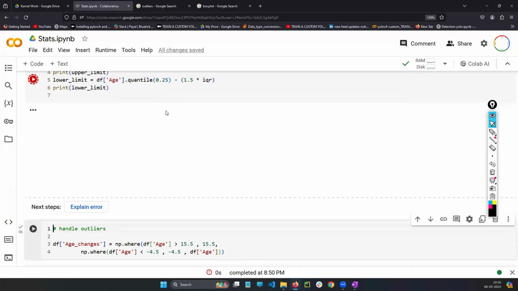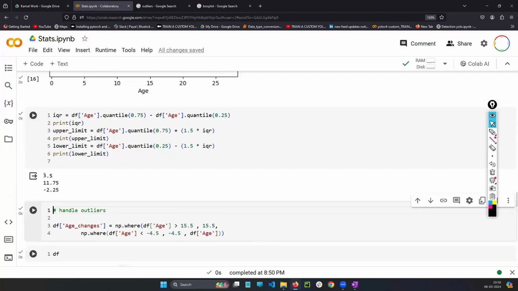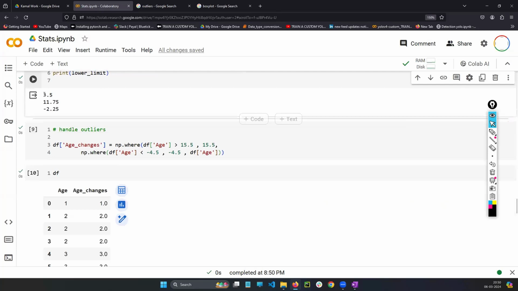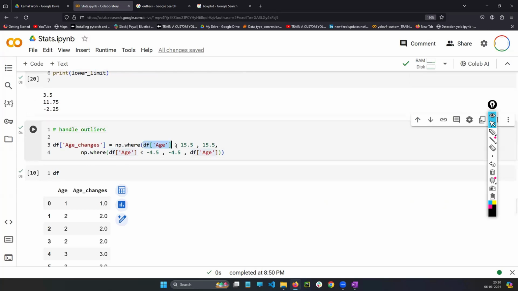See, this is the IQR, this is the upper limit, this is the lower limit. Here it checks the values and floating value concepts are handled. So in the age column, the values which are more than the upper limit, please make them the upper limit.